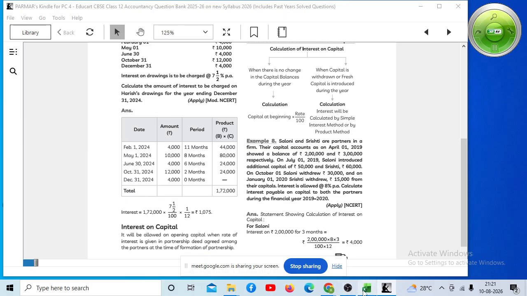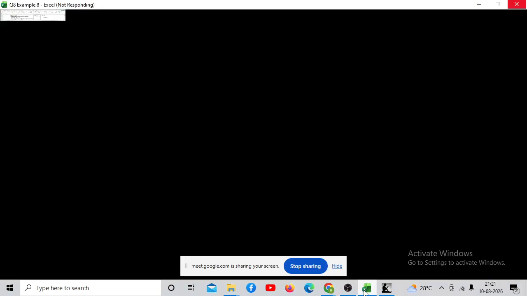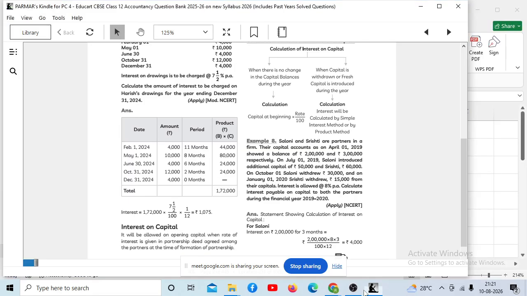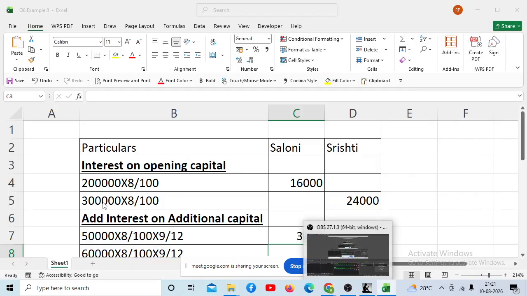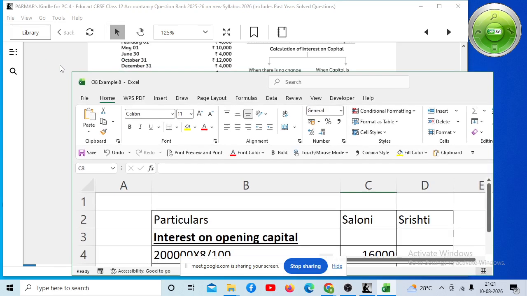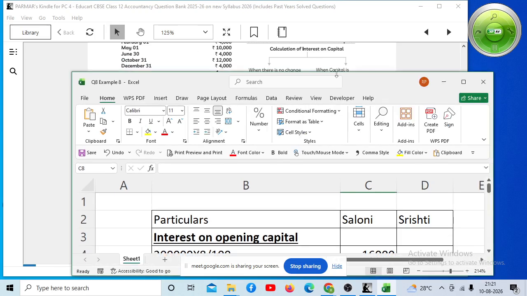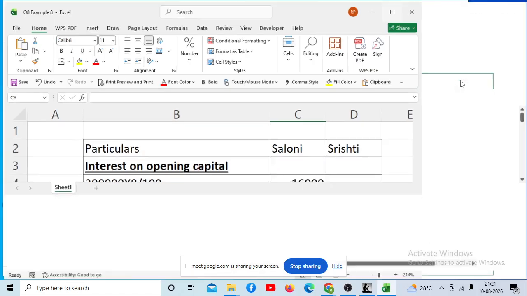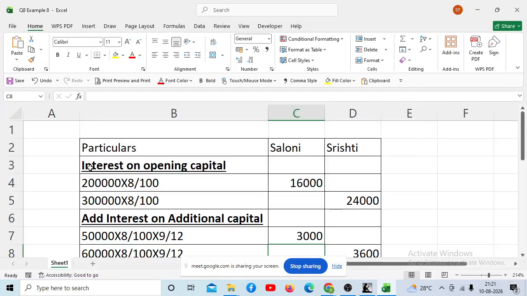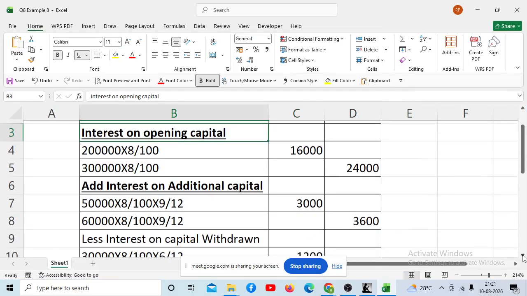Okay, so how will we calculate that interest on capital? Let's see that. Just draw these columns.